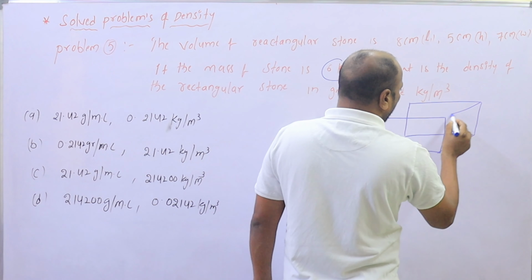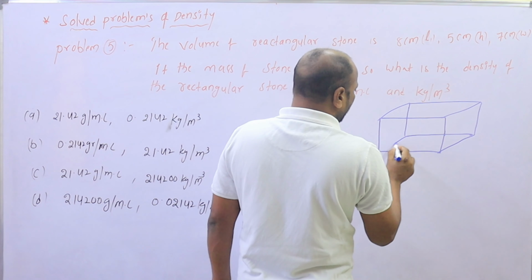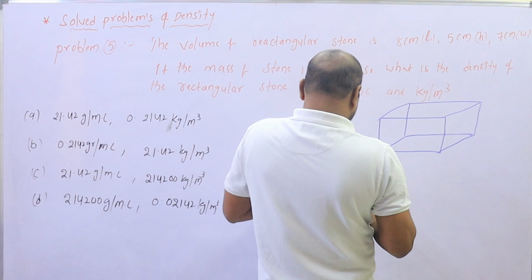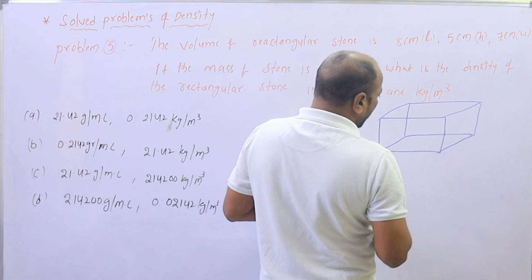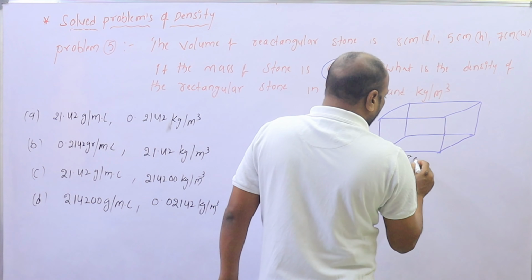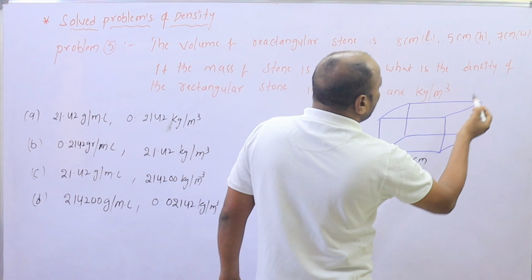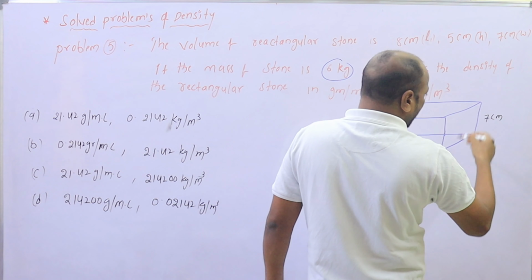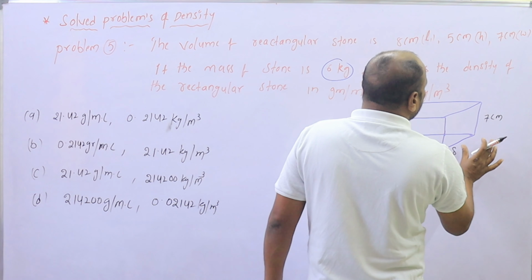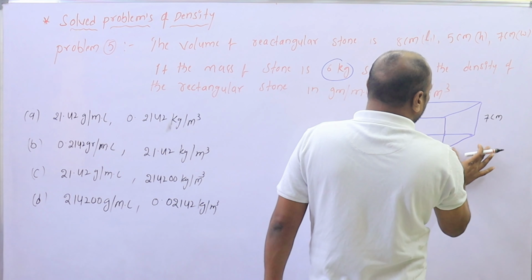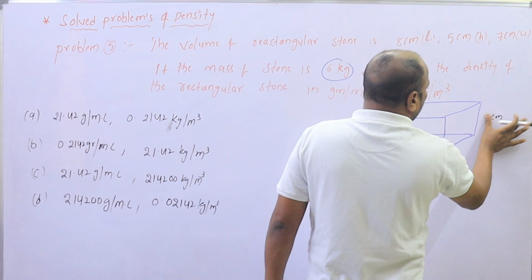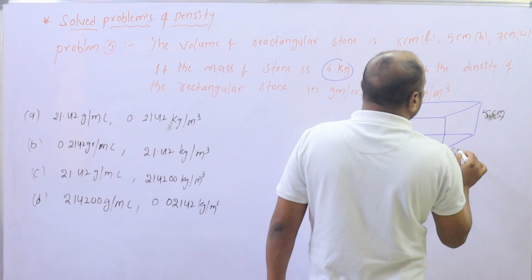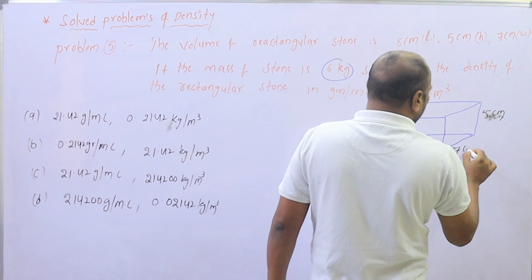First you find out the volume of the rectangular stone. So 8 centimeter length, 5 centimeter height and 7 centimeter width.